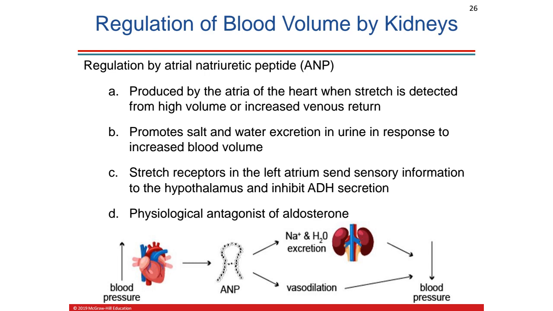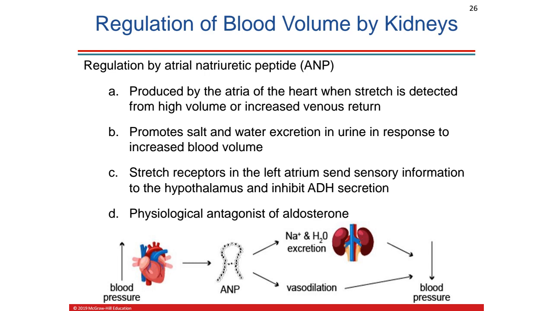Now, the opposite effect we already established can be achieved through atrial natriuretic peptide, or ANP. This peptide is produced in the atria of the heart when stretch is detected from high volume of blood or by increased venous return. Atrial natriuretic peptide, or ANP, promotes salt and water excretion in the urine in response to this increased blood volume.